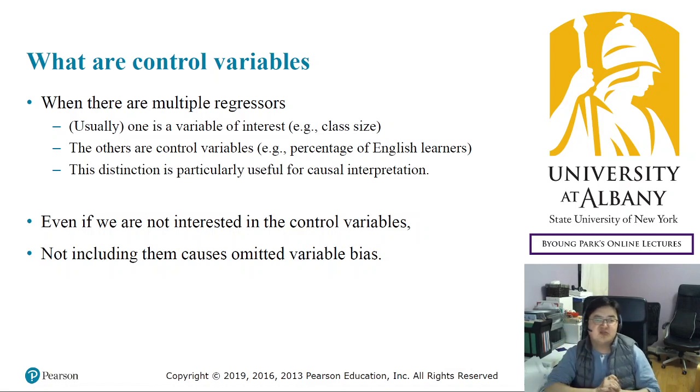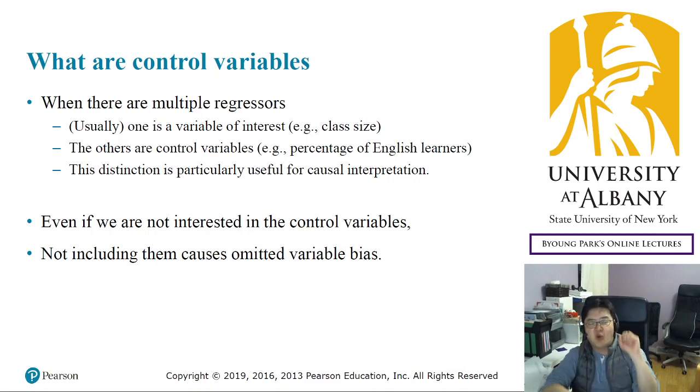Like in our example, we are interested in the effect of the student-to-teacher ratio, class size, on the test scores. We would like to estimate this causal effect, but still we consider multiple regressors because we need them, and we learned why we need to include the percentage of English learners.